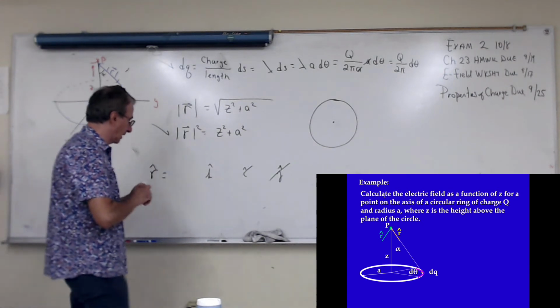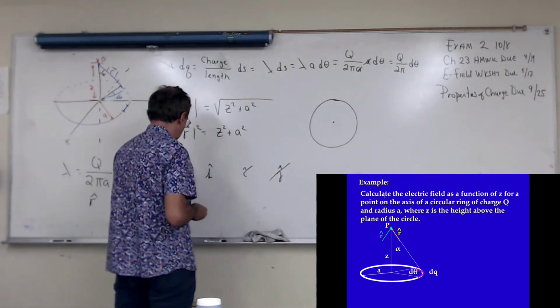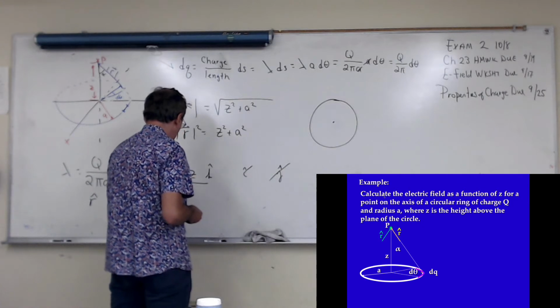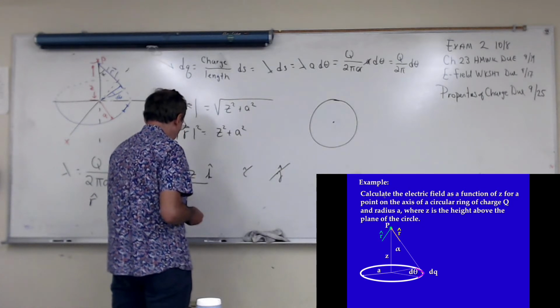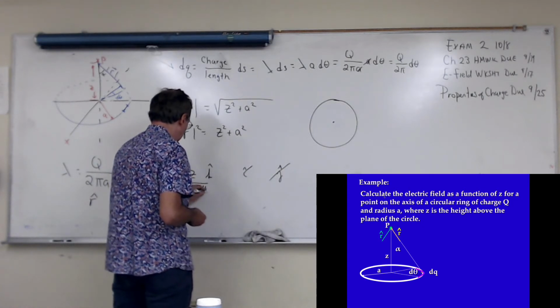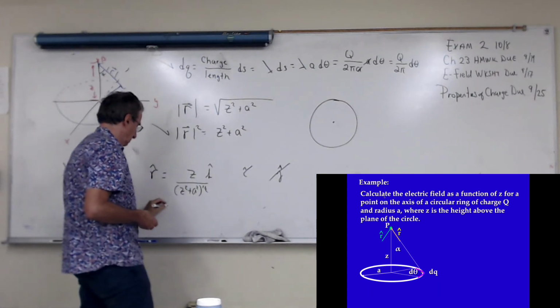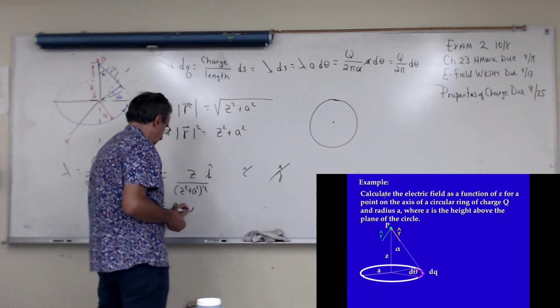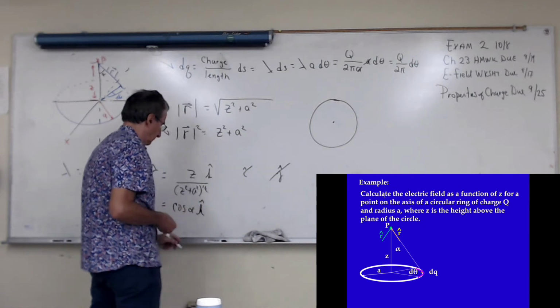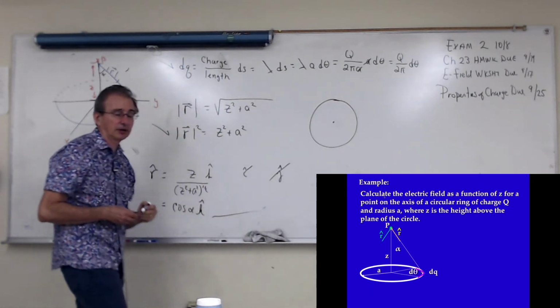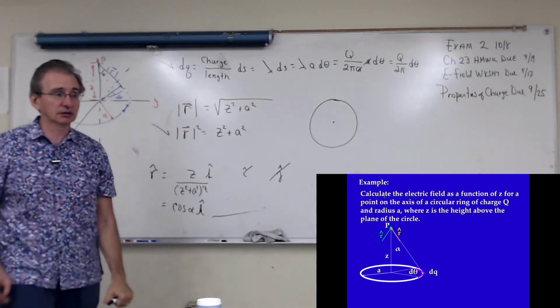And so that's going to basically be z over z squared plus a squared to the 1/2, which is basically the cosine of this angle. And the other terms I don't care about because those components will cancel.